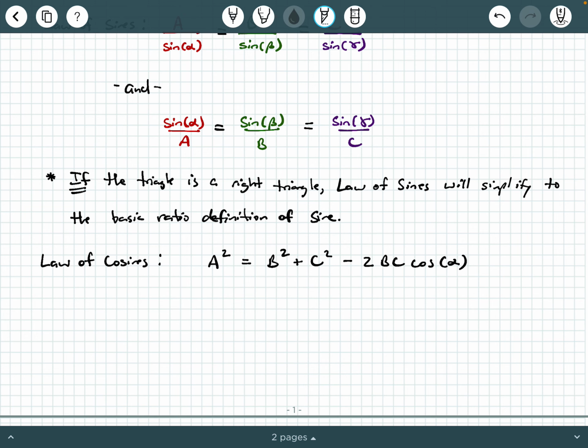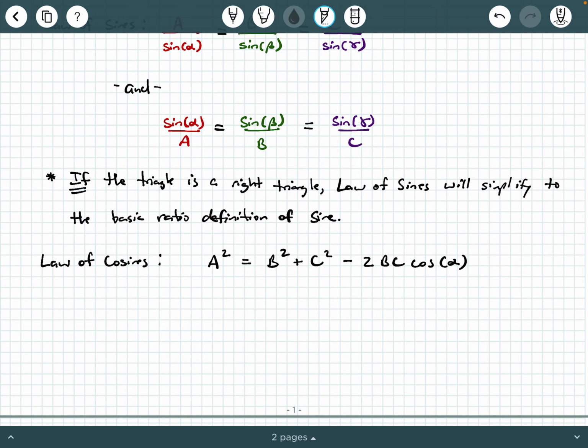So what's cool about this is even though this looks kind of bulky, it still has a familiarity to it. Another pattern you can remember for law of cosines is these two terms that you're squaring and adding together are the terms that are multiplied together in this third piece, okay? So this is law of cosines.